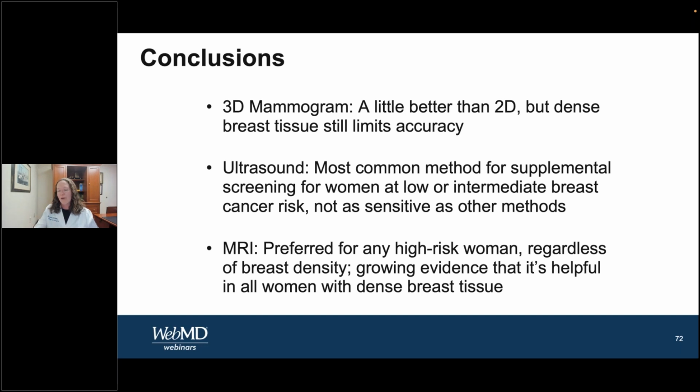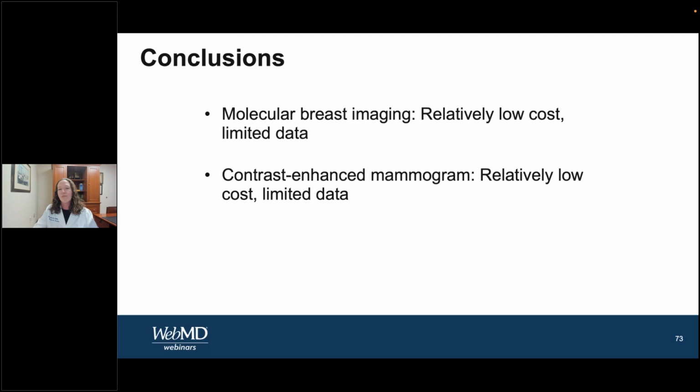So, for example, MRI, which again is preferred for any woman who's at high risk for breast cancer, regardless of her breast density. And we have growing evidence now and growing recommendations that it's helpful in all women with dense breast tissue. Molecular breast imaging is also another supplemental screening method that detects more cancers than some other methods. It's relatively low cost, but we still have limited data.